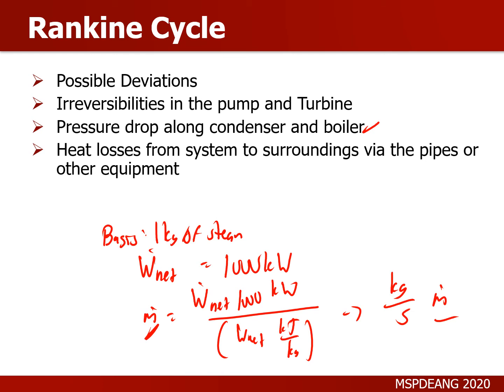And you can have irreversibilities in your pump and your turbine. Most importantly, the irreversibilities in your turbines are the most significant. Take note of your isentropic efficiencies. Even a less than 100% isentropic efficiency of the turbine, like 90%, has a pronounced effect on the overall efficiency of our steam power cycle.